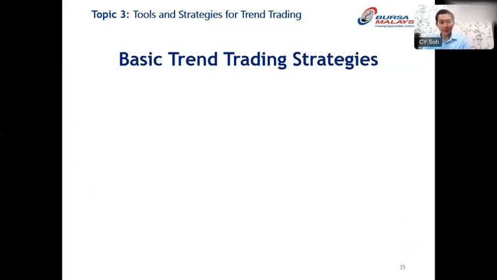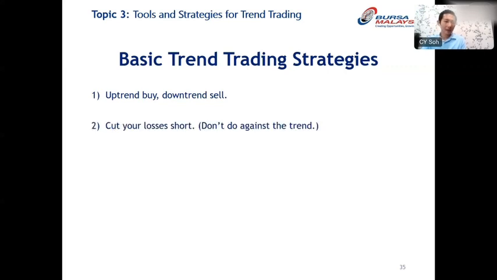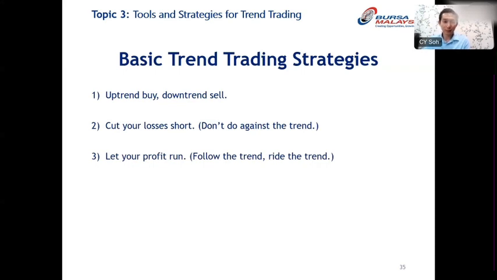So the basic trend trading strategies, as you may already know, are very simple: uptrend buy only, downtrend sell. Rule number 2, cut your losses short. Don't go against the trend, because if you're going against the trend, you have to pay the price, which is you lose money. And rule number 3, very simple.